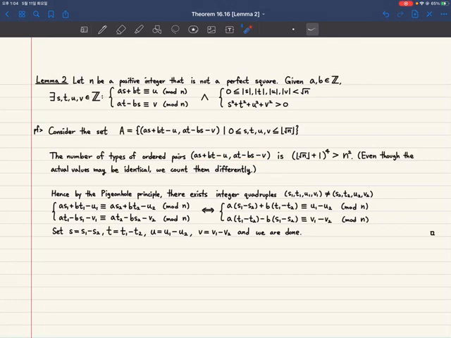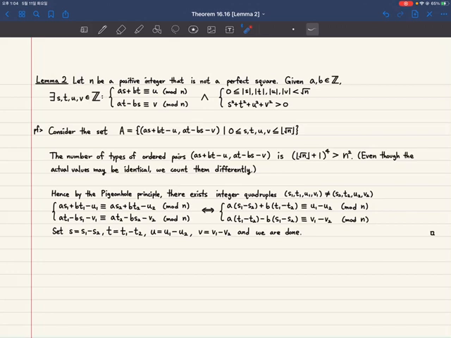Okay, so since this is n squared, for the ordered pairs we're going to consider modulo n. You can choose ordered pairs modulo n: there are n choices here, and there are n choices here. Therefore, there are a total of n squared possible choices modulo n.